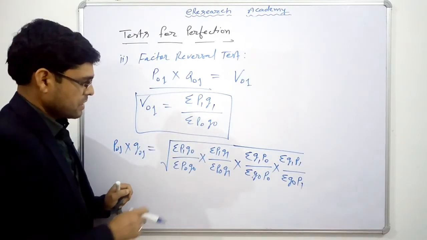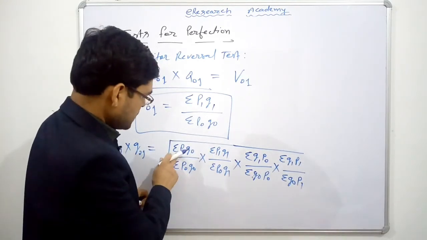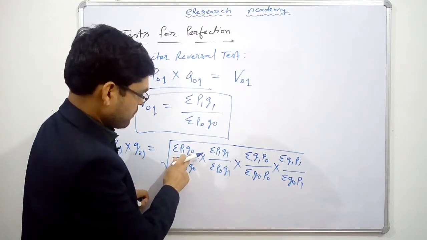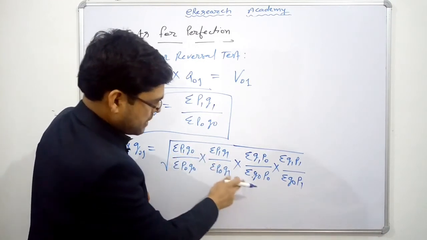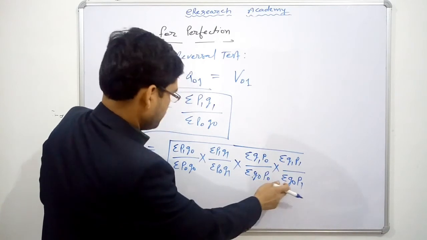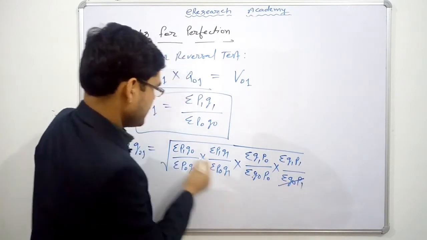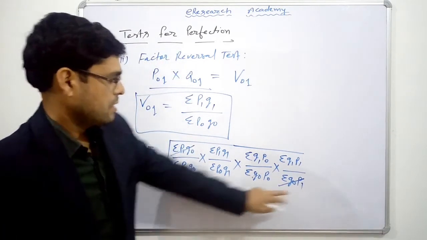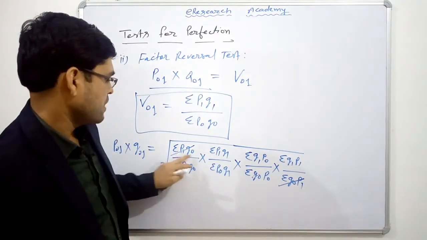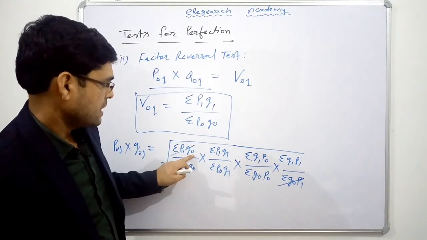Let's check it. Sigma P1 Q0 and sigma P1 Q0, so this one is cancelled out by this one.